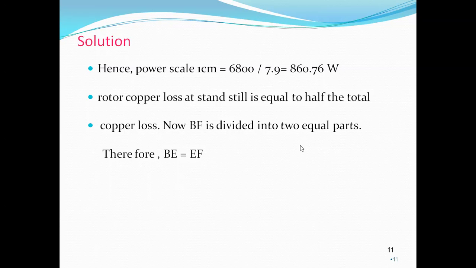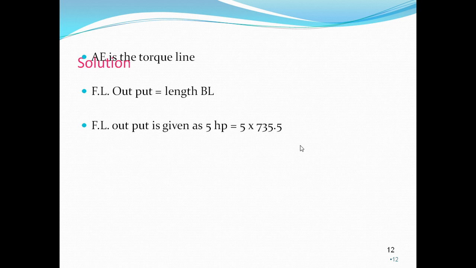So that is the center point of BF. So we divided the rotor copper losses and stator copper losses as equal. So after getting this point E, you join the line AE, which gives the torque line.